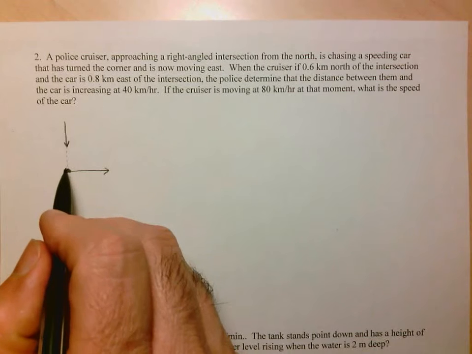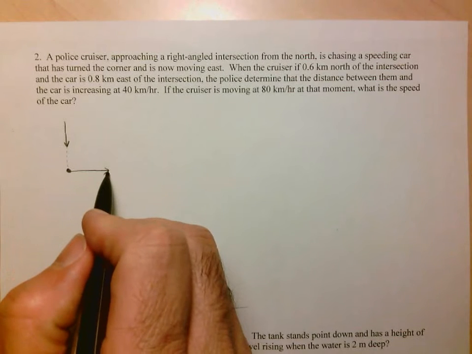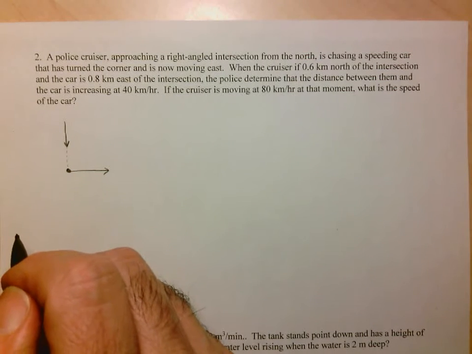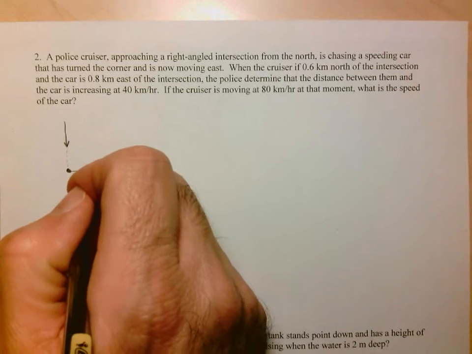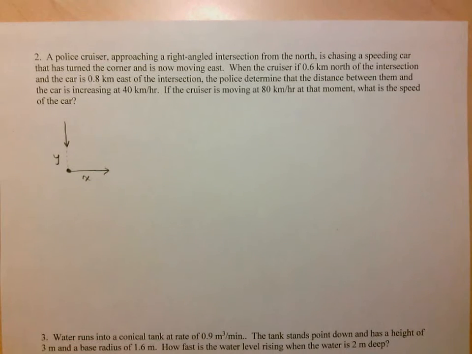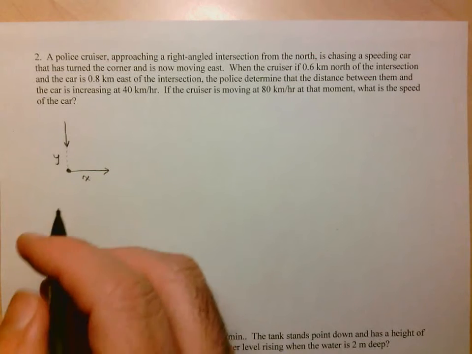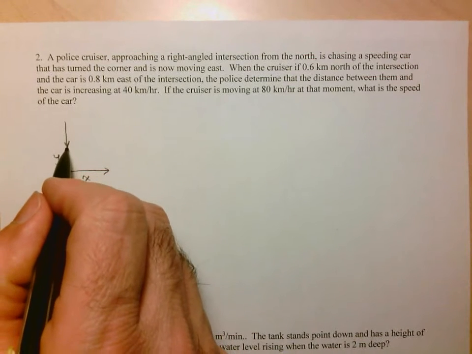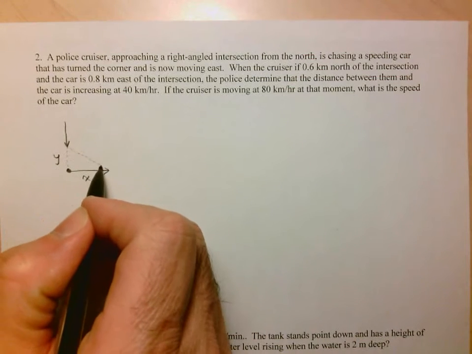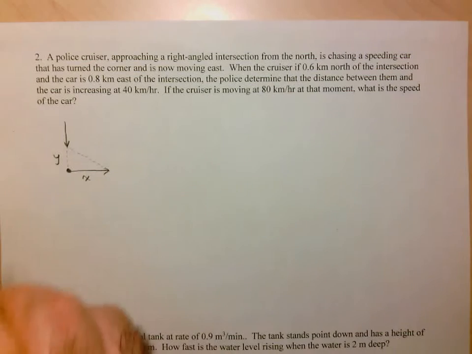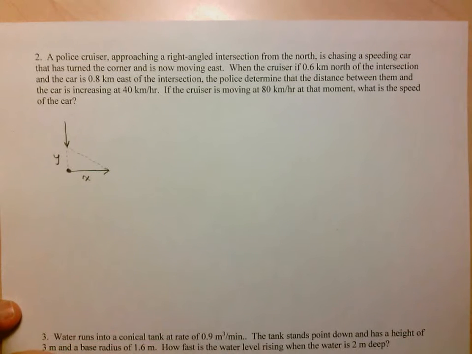Here this will be the distance of the police car to the intersection. This will be the distance of the intersection to the speeding car. I'll call this x and this y, just going with horizontal and vertical. What we're given is the speed at which the distance between them is changing.